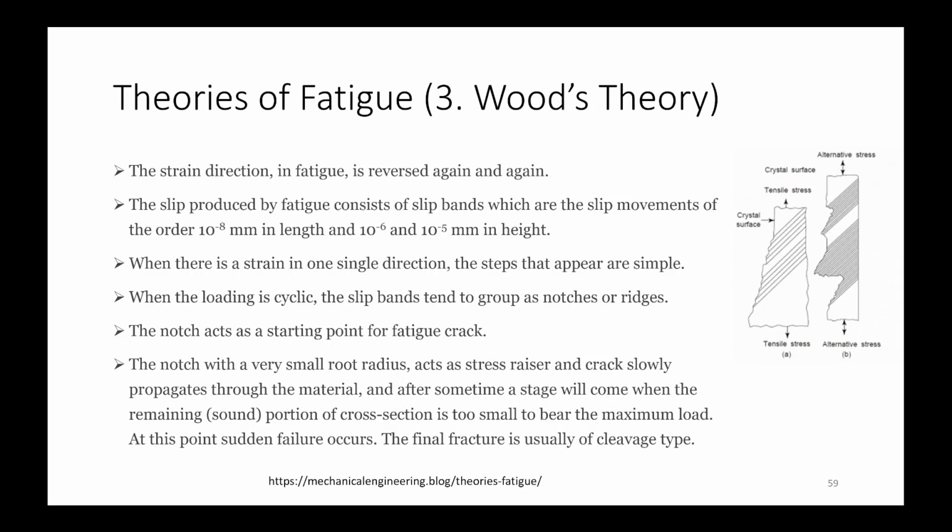So the slip produced by fatigue consists of slip bands, which are slip movements of the order of 10 to the power minus 8 mm in length and 10 to the power minus 6 to 10 to the power minus 5 mm in height. The formation of these extrusions and intrusions leads to the initiation of a crack.